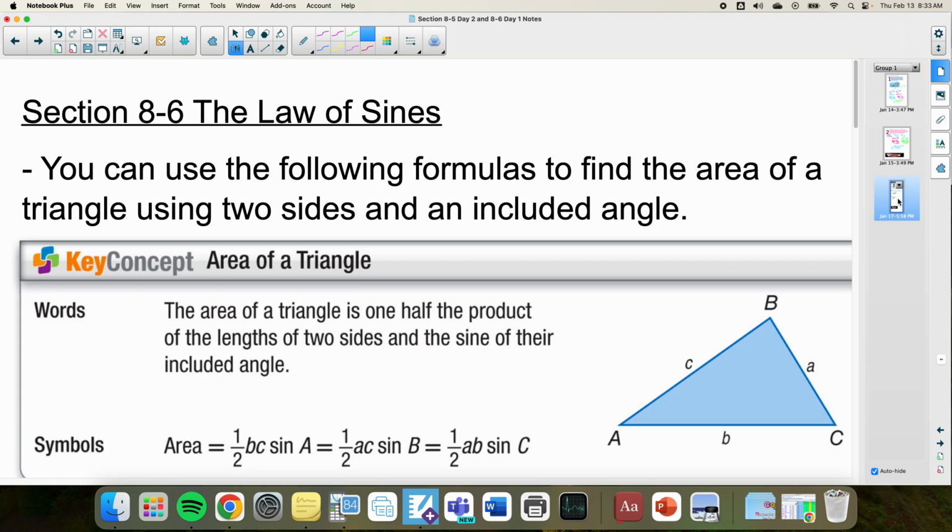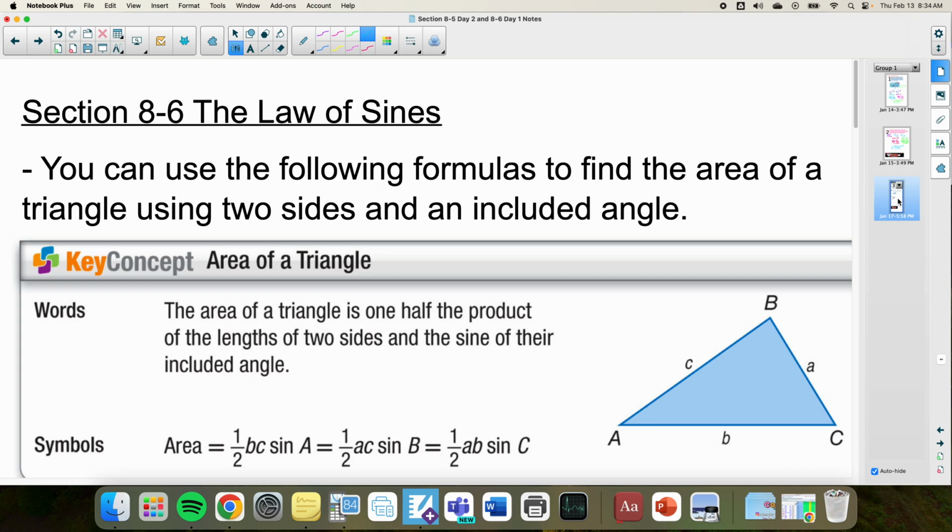Everybody okay? Now, on this cheat sheet, I couldn't fit it on the front and still fit these tables. So what I'm teaching right now is actually on the bottom of the back. That's what we're going to be using. When you get into section 8-6, we no longer have right triangles.